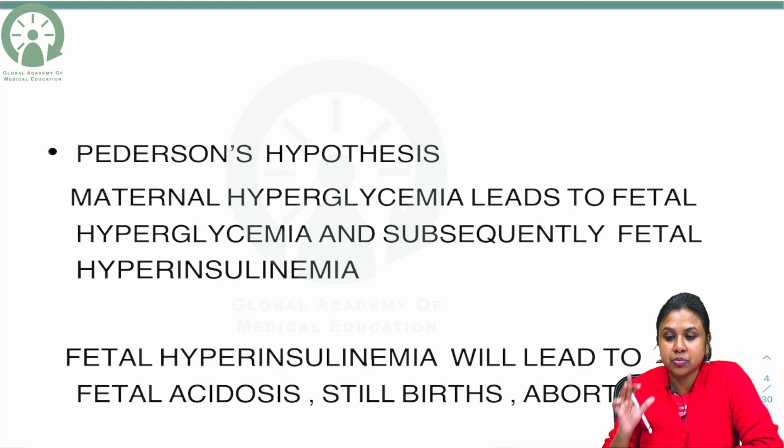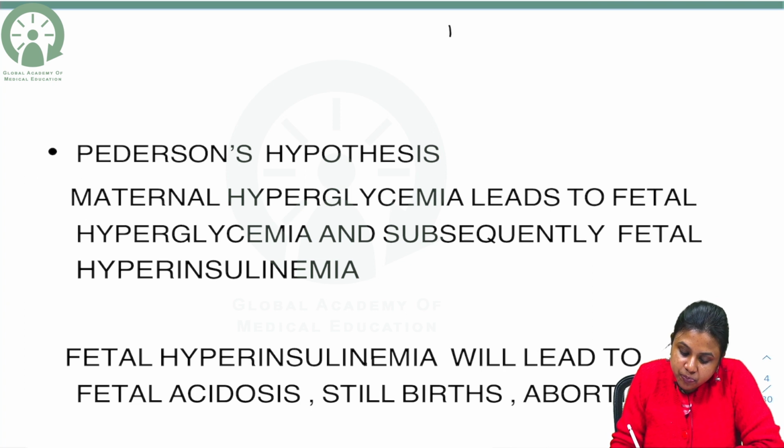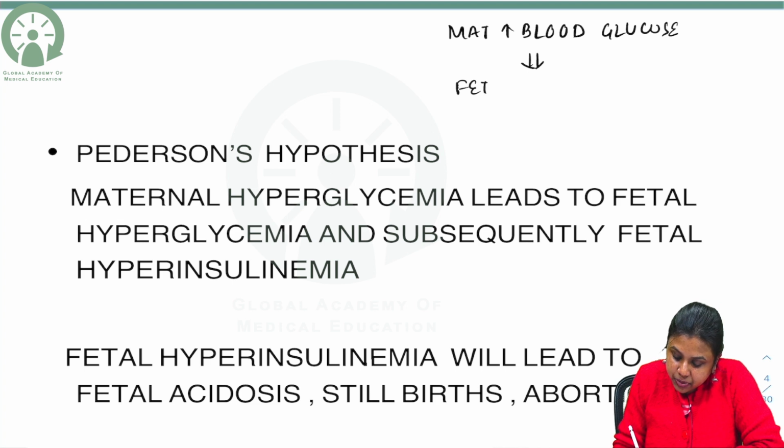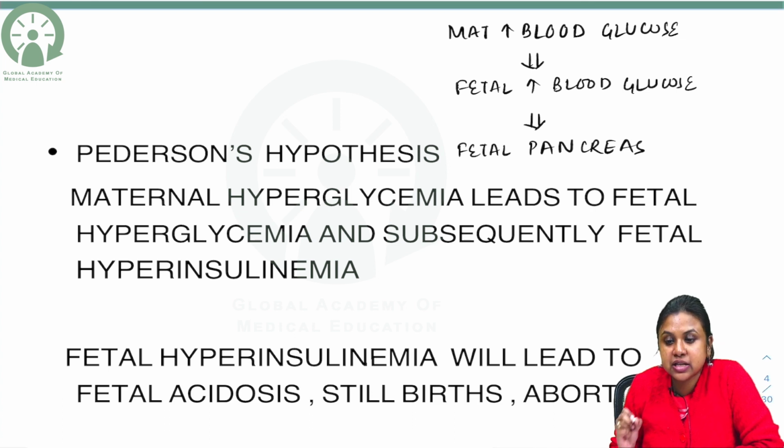What happens is maternal hyperglycemia, the mother is having diabetes mellitus, right? So maternal increased blood glucose level results in fetal hyperglycemia, and that stimulates the fetal pancreas, that is the islets of Langerhans, the tail portion of the islets of Langerhans, and that results in fetal hyperinsulinemia.